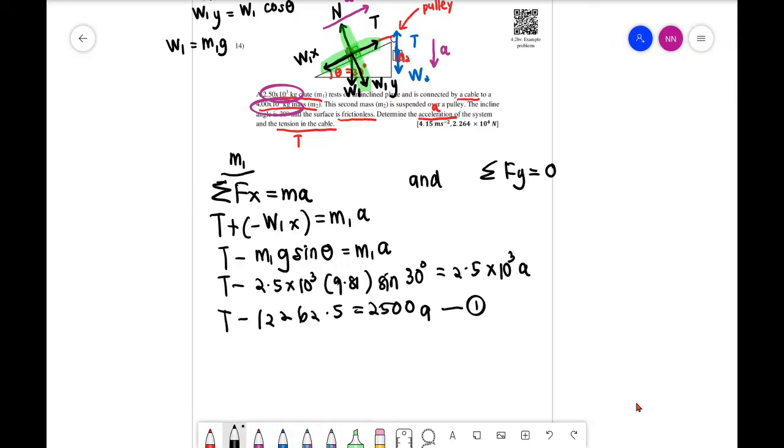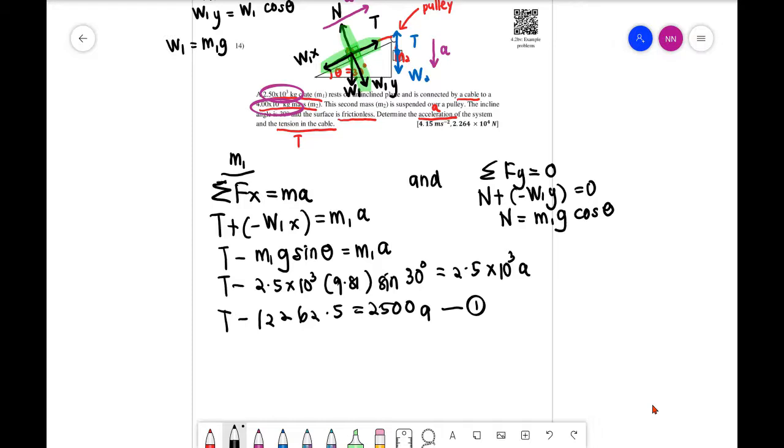So N plus negative W1Y equals 0. Let N be the subject: N equals M1G cos theta. But we don't use this component Y, because the surface is frictionless.